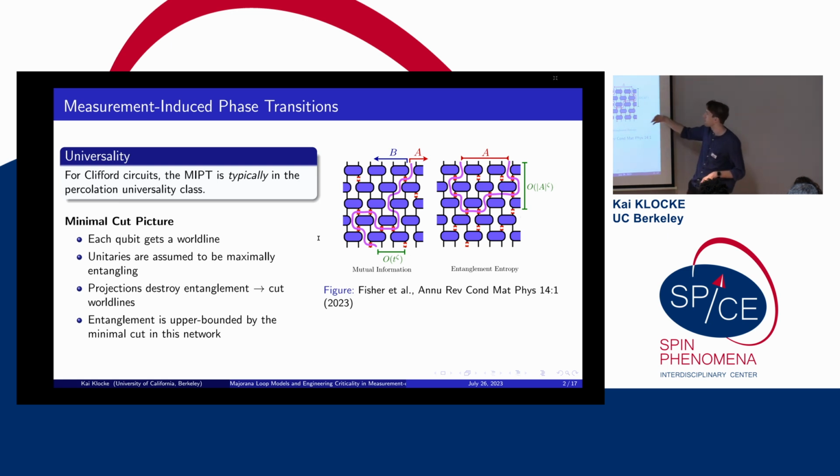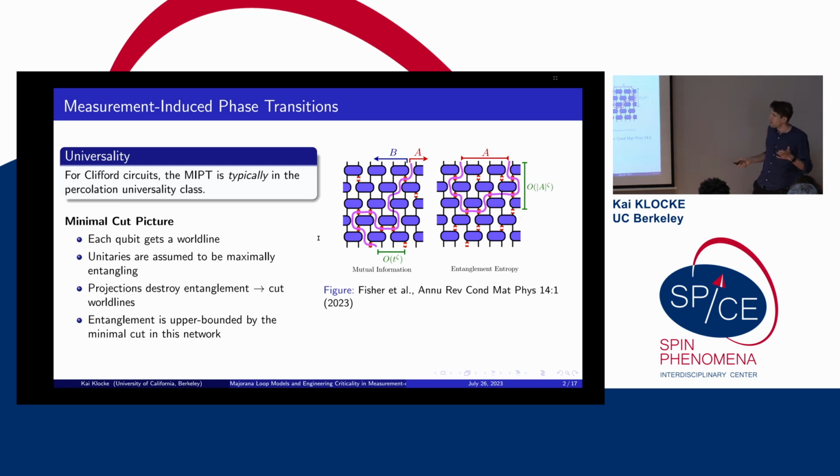And the number of solid lines that it's crossing counts the amount of entanglement that crosses between, say, subsystem A and its complement. So this gives an upper bound on the entanglement that can happen, but it gives you a nice picture for maybe why percolation should occur here, because it's just whether or not bonds are broken.